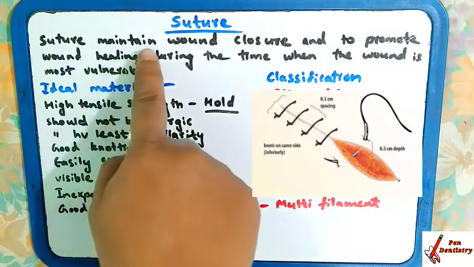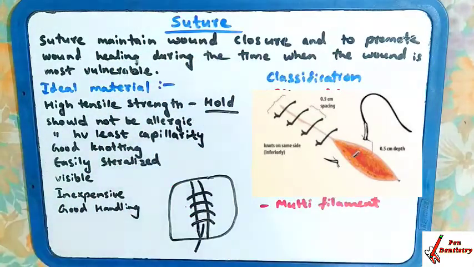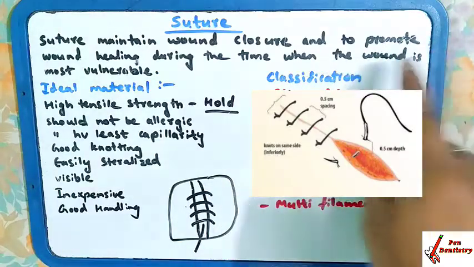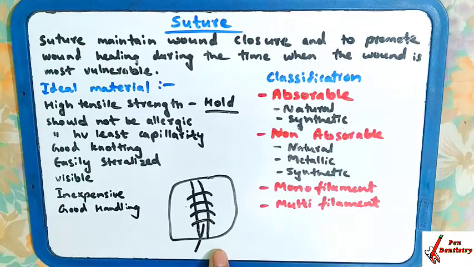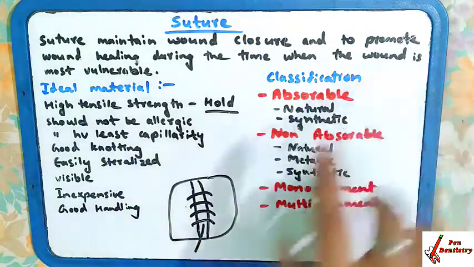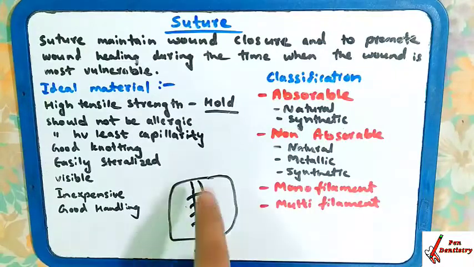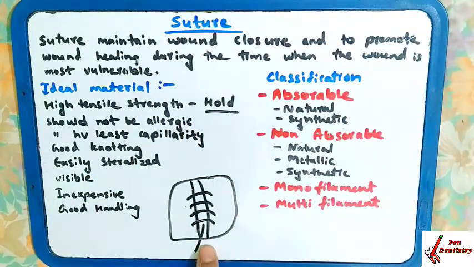Suture maintains wound closure. It is going to close the wound and promote wound healing. It will not help in the mechanical or physical process, but it will help your wound to be protected, and closure will be there.